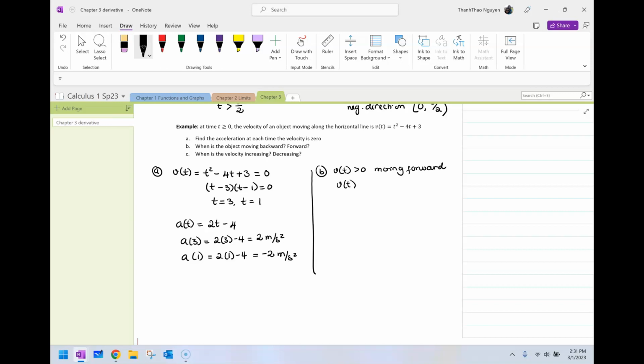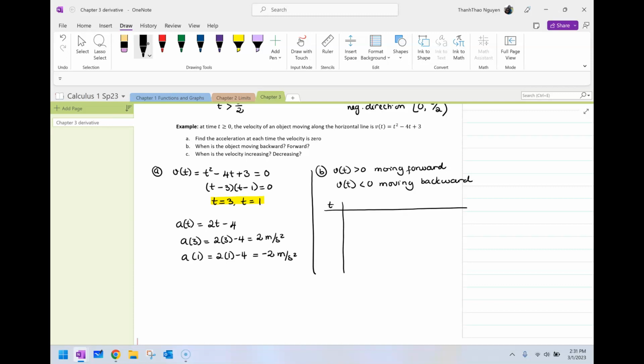When v of t is less than 0, the object is moving backward. Now, we have the value in which v of t equals 0. We can test it out. What is the value of t in a certain interval? So here, the time t is greater than 0.